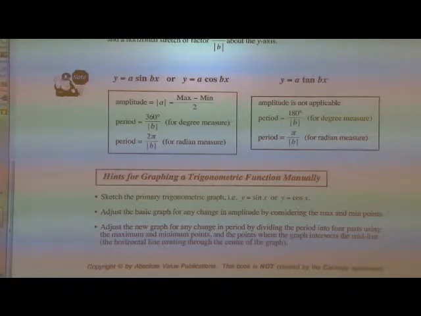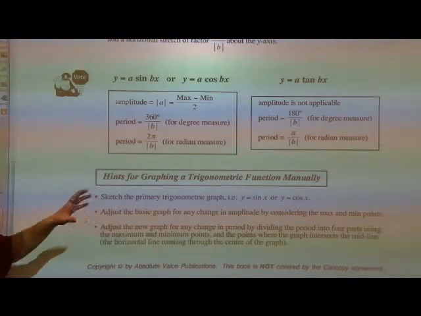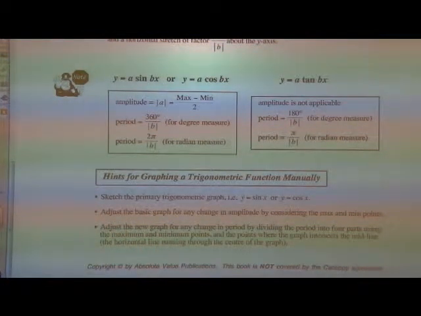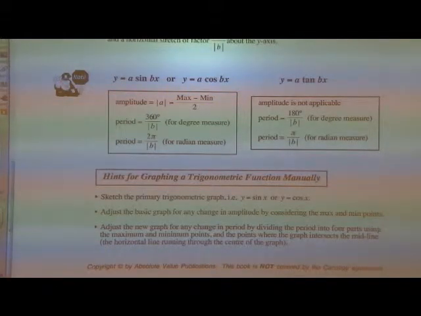To sketch these, it is important that you be able to sketch these manually and not just using the graphing calculator. So when you want to sketch these manually, adjust for changes in amplitude by considering what the new min and max points would be, and then adjust for the period by dividing the period into 4 parts.